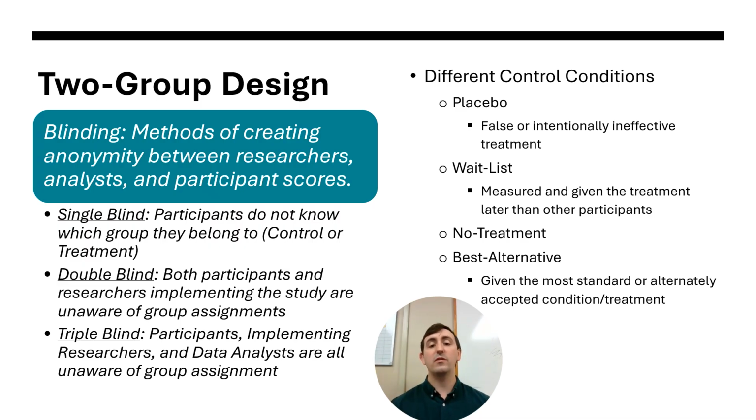And then we move over to taking care of our control group, making sure our control group doesn't have any extra layers put on top of them. And there's a couple of different ways to do that, right? An easy one is a placebo, where you give false or intentionally ineffective treatment. That can look like a sugar pill.